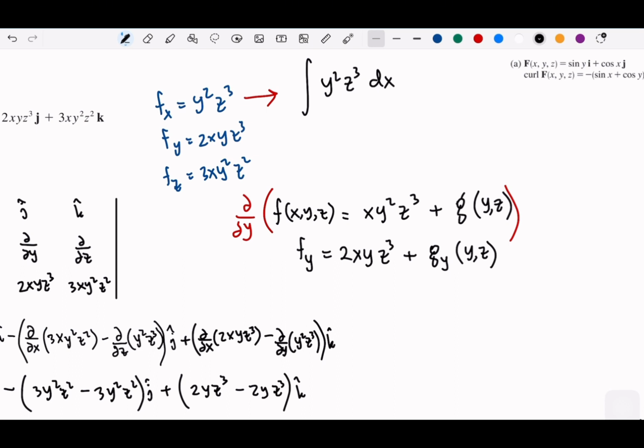And since there is nothing on the initial partial y, we can confirm that this will be 0, right? So we can let this equal 0, from our original structure.